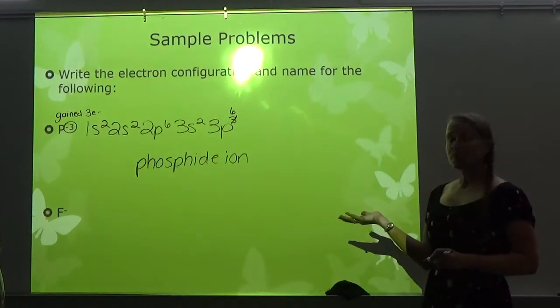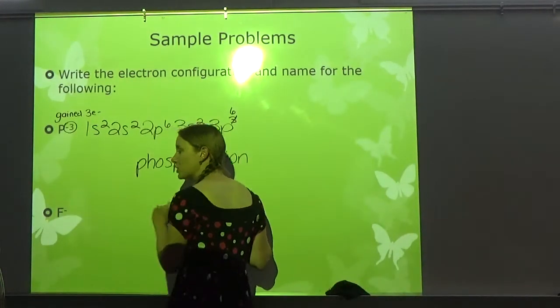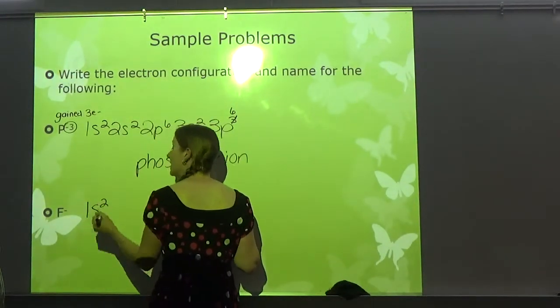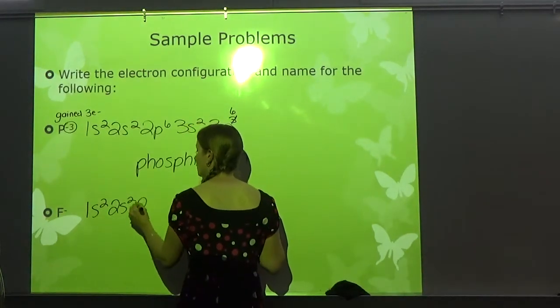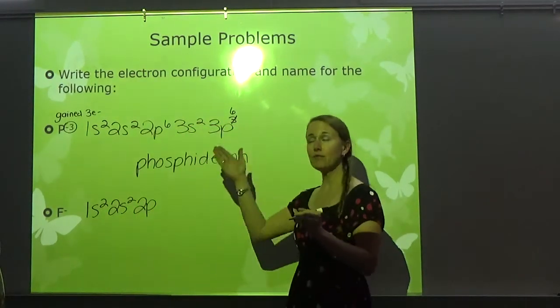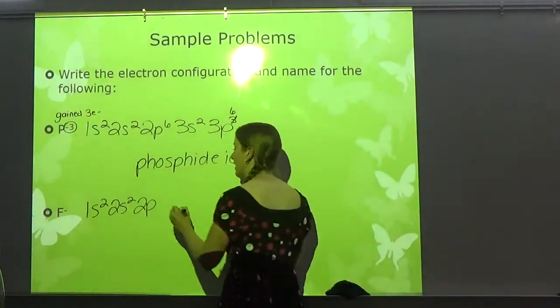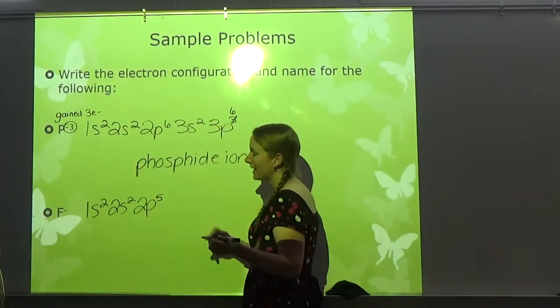Next one is fluorine with a -1 charge. I'm just going to write the electron configuration for fluorine first. I'm going to start at hydrogen, 1s2, lithium, 2s2, and boron, 2p, and then I'm only going to go to F. So I'll do 1 for B, C, N, O, and F. So I end up with 2p5. Again, I don't need to rearrange because I haven't gotten out of order yet.